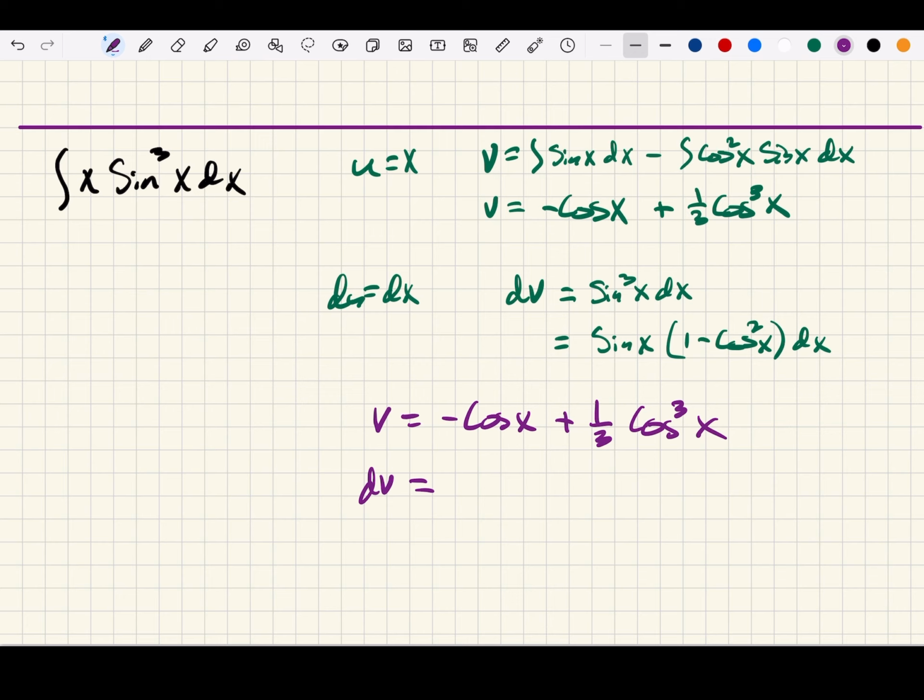Okay, well, the derivative of minus cosine x is minus sine x, isn't it? Well, actually it'd be plus sine x, because I'd have a minus. So I'd have sine x plus, now, the derivative of 1/3 cosine cube x. The 3 comes down, multiplying by the 1/3, that's canceling.